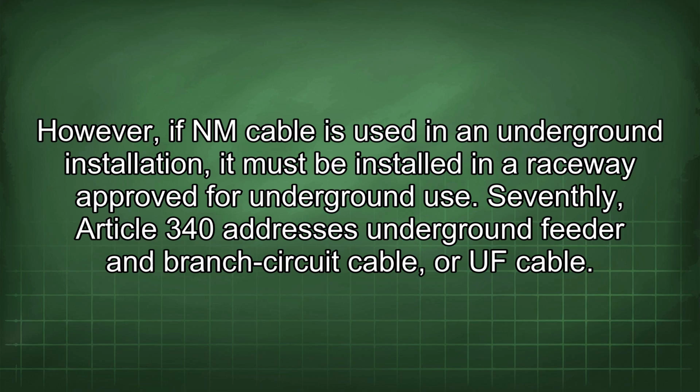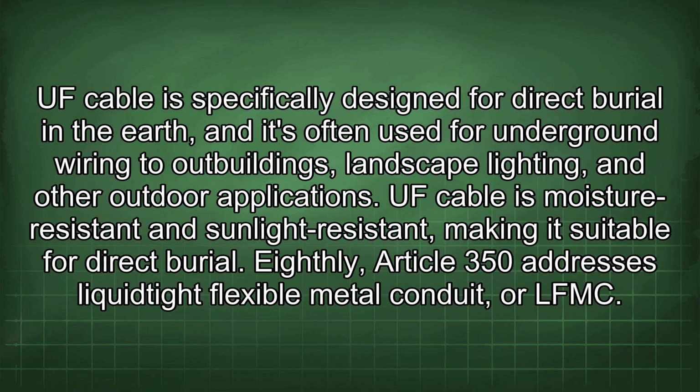Seventhly, Article 340 addresses underground feeder and branch circuit cable, or UF cable. UF cable is specifically designed for direct burial in the earth, and is often used for underground wiring to outbuildings, landscape lighting, and other outdoor applications. UF cable is moisture resistant and sunlight resistant, making it suitable for direct burial.